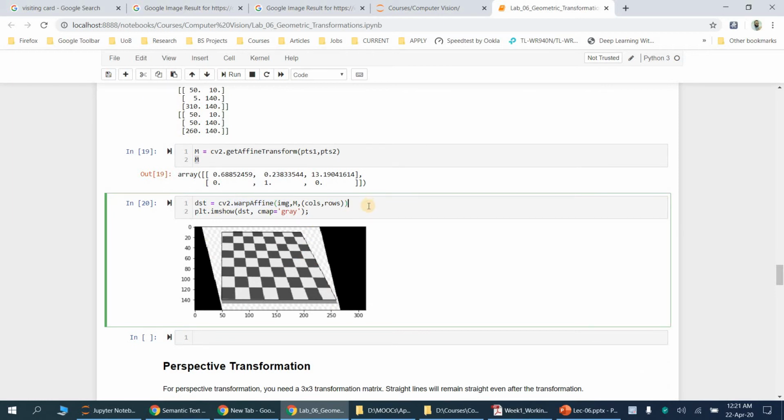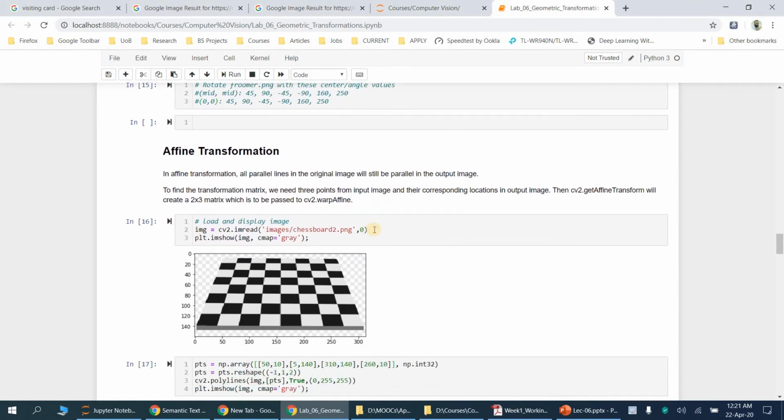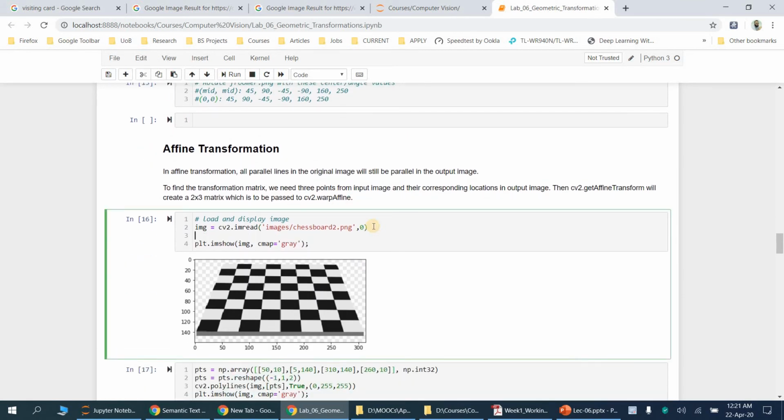And to make it clearer, always use one more command here to make the image large. So already you know plt.figure and you write figsize equal to maybe 10 comma, the image is not even, width is more, so maybe it will be 12,8 or 10,8.